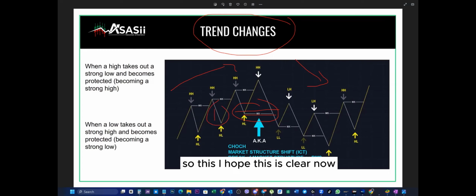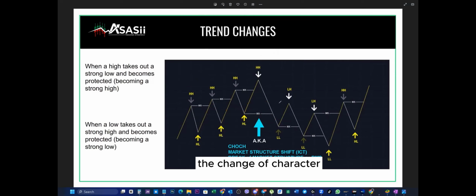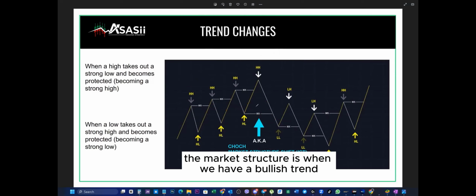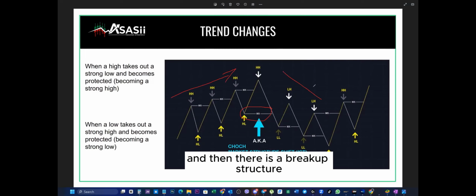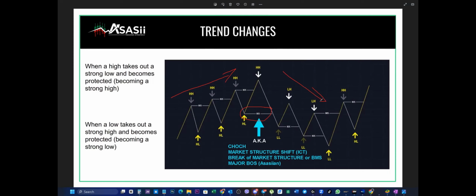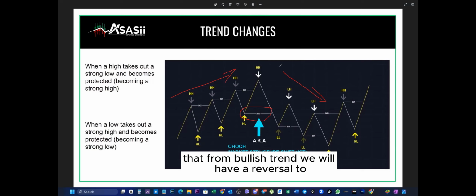I hope this is clear now. The change of character, the market structure, is when we have a bullish trend and then there is a breakup structure and possible confirmation that from bullish trend, we will have a reversal to a bearish trend.